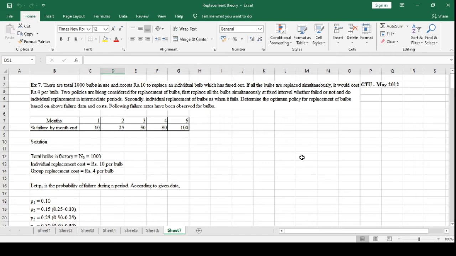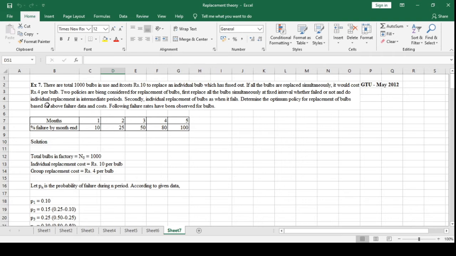First, replace all the bulbs simultaneously at a fixed interval whether failed or not, and do individual replacement in intermediate periods. Secondly, individual replacement of bulbs as and when they fail. Determine the optimum policy for replacement of bulbs based on the above failure data and cost. The following failure rates have been observed for the bulbs.